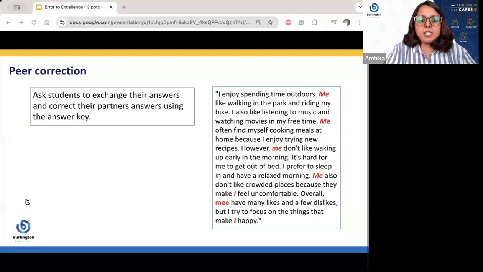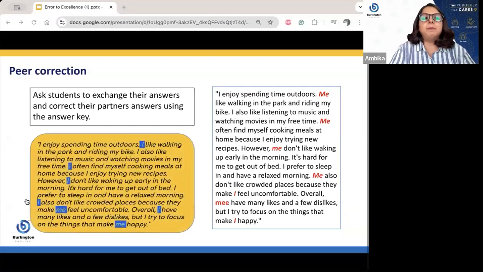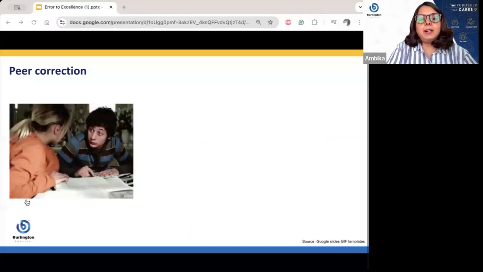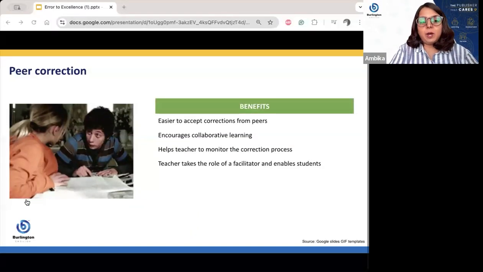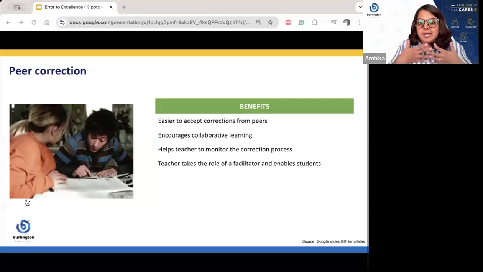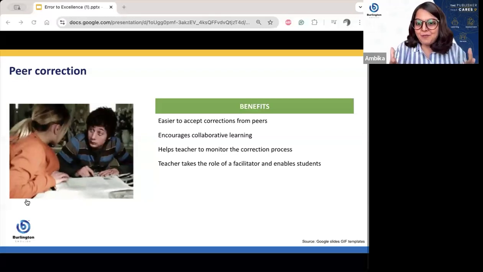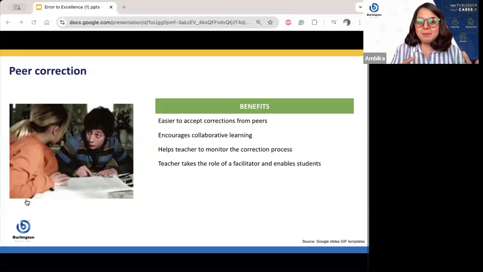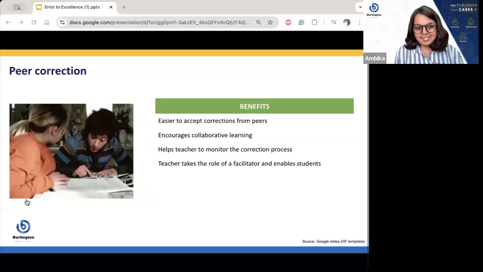And let's look at peer correction. Peer correction, in a very simple form, you could do the same thing as what we did for self correction: either give the rules or even just give the answer key and ask them to quickly check. In this way, it could be beneficial because the teacher can stay a step back, be a facilitator, and monitor whether the correction is getting done.